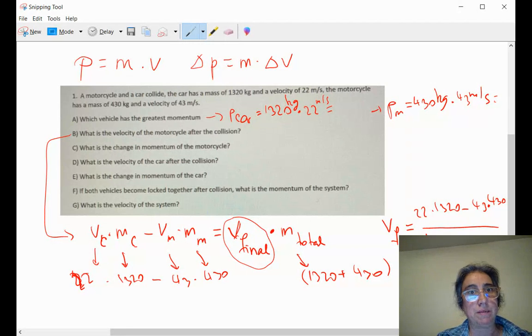Well, obviously, after the collision we still have movement, and the velocity of the whole system is 6.03.